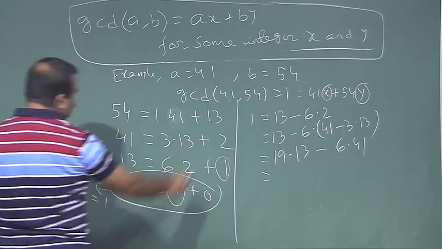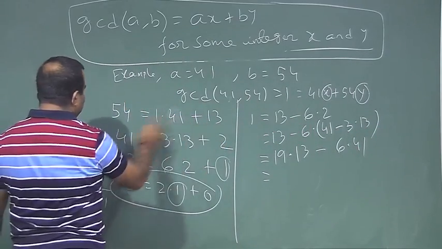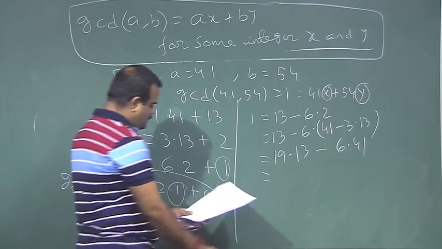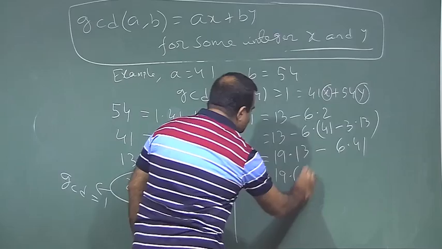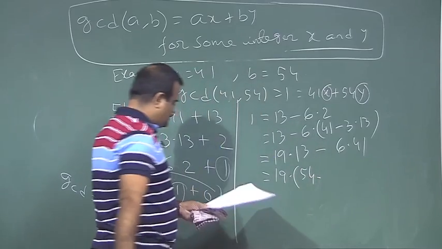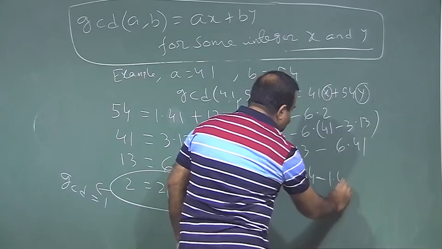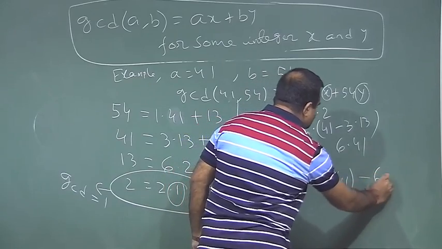Now, from this equation we can write 13 as 54 minus 1 into 41. So, we will write 19 into 54 minus 1 into 41 minus 6 into 41.